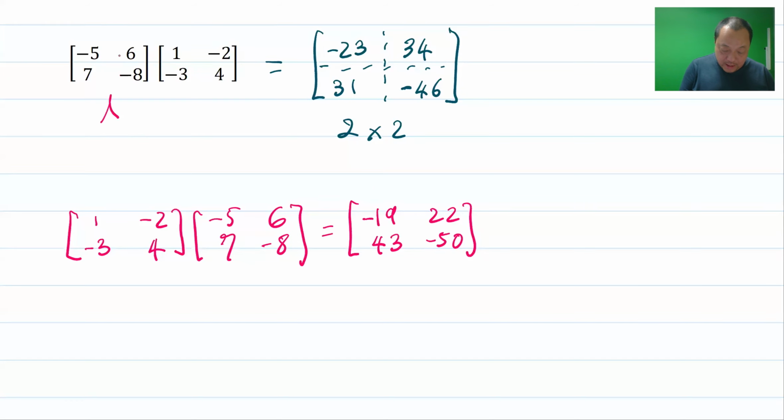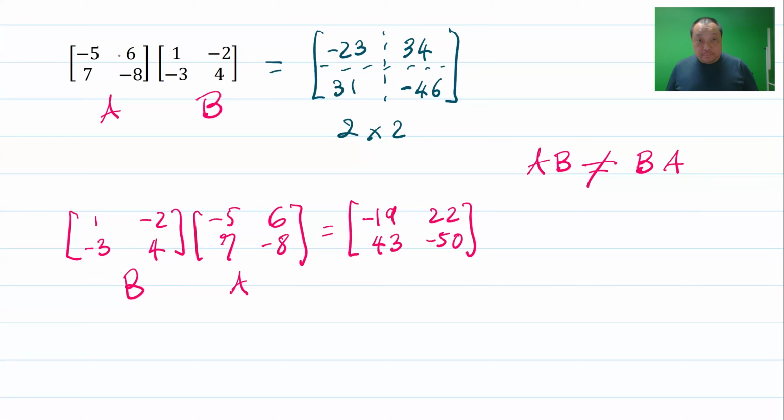If we call this A and B, then you can see that A times B is not the same as B times A. As a general rule, if you can find two matrices A and B that are kind of special, then yes, they will be commutative. But as a general rule, matrix multiplications are not commutative.